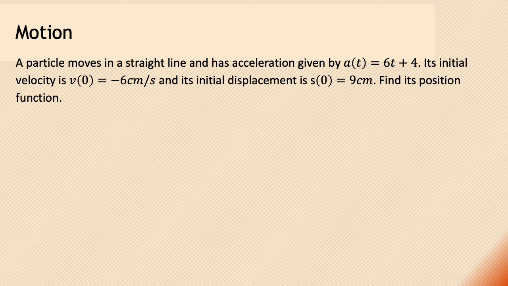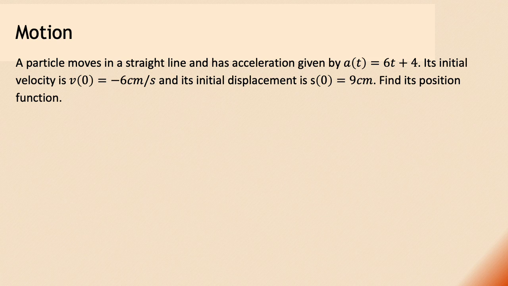What does that negative mean? And its initial displacement at time 0 is 9 centimeters. So we're coming into the action where this thing has moved 9 centimeters and now our time clock starts. So we need to find the position function.